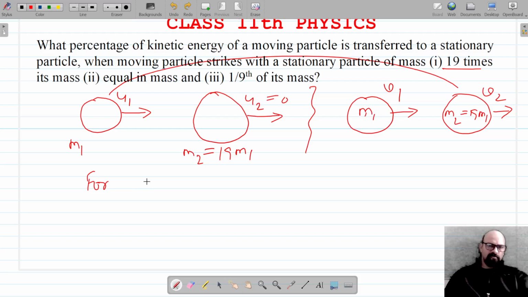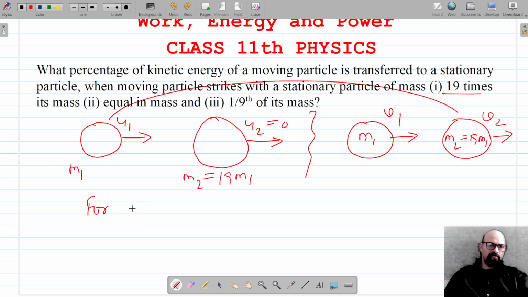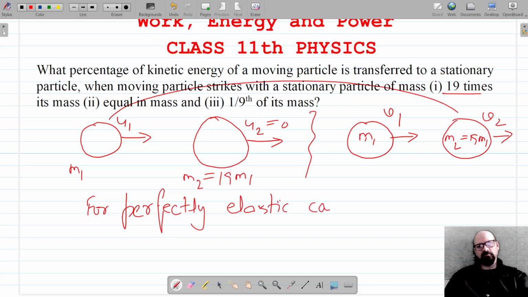It's not given what type of collision it is, so we are going to assume that it's a perfectly elastic collision. And we know that for a perfectly elastic collision, the coefficient of restitution is equal to 1.